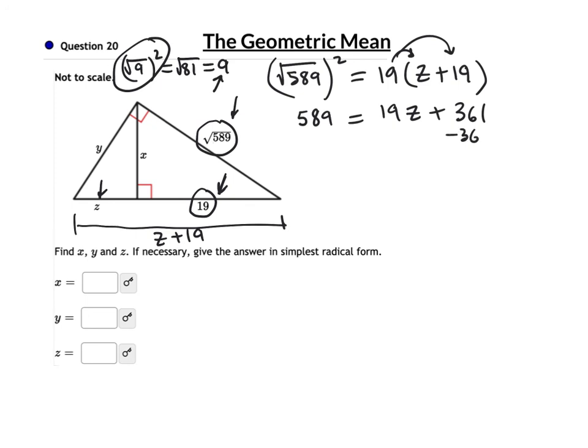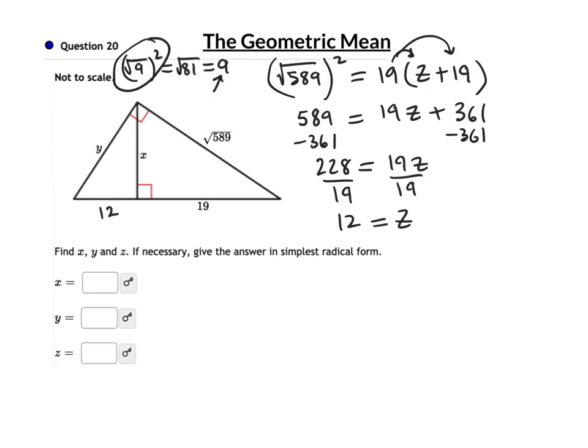We'll take 361 from both sides. 589 minus 361 is 228. 228 is 19z. Divide by 19. And 228 divided by 19 is 12. Let's replace z here with 12.